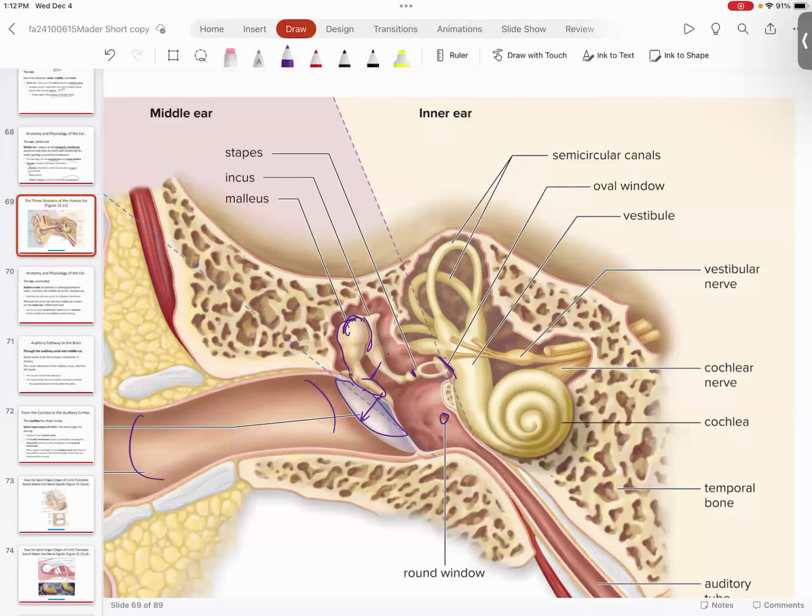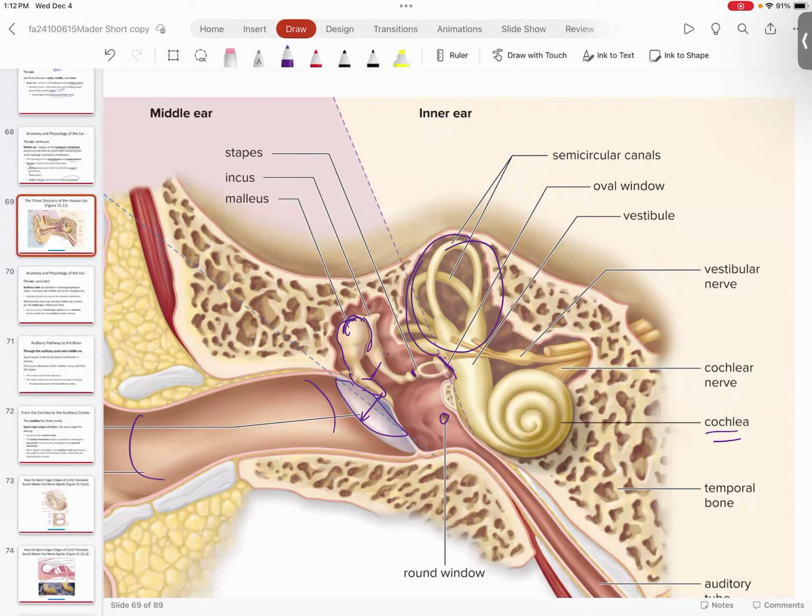And then, of course, the inner ear is going to be full of the important structures associated with hearing. You're going to see the big snail, which is the cochlea. That is essentially your hearing organ. Above it, you're going to see these circular canals, semicircular canals. These are associated with your equilibrium.